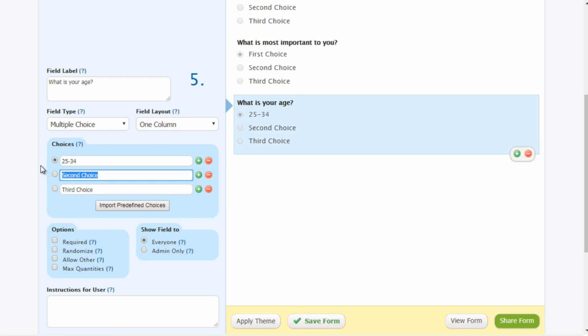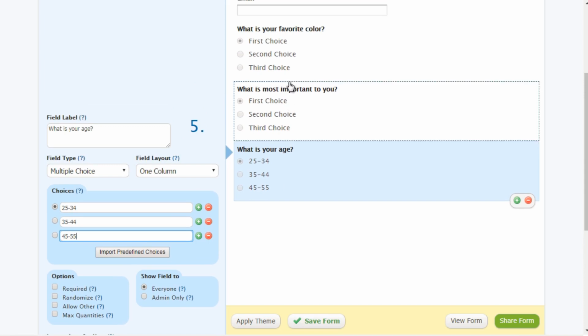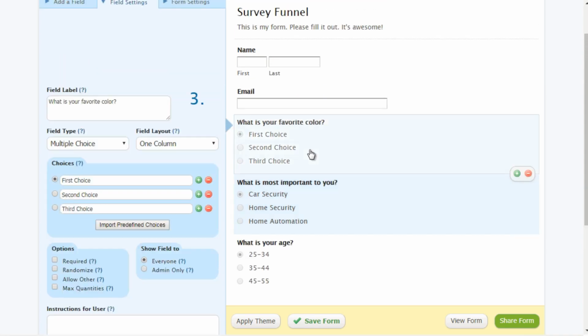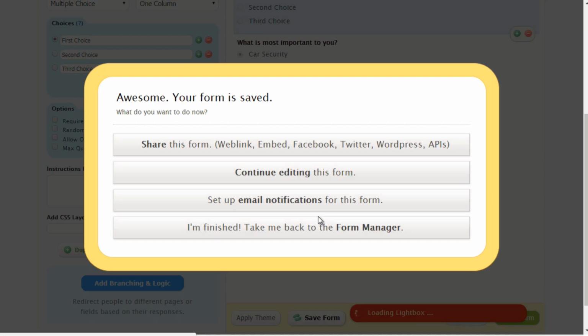We can have 35 to 44 based on what we saw earlier, 45 to 55, and we can see what's most important to you. Security, home security, we could say car security. Click on save.